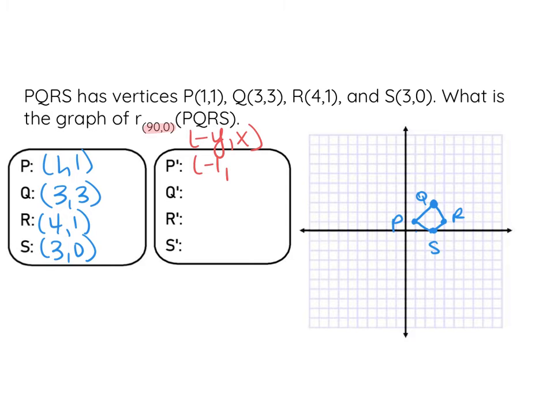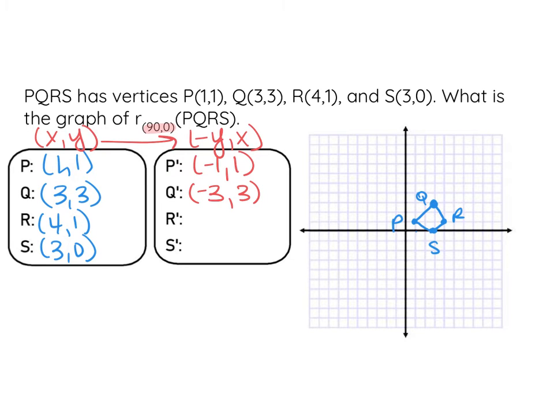I'm going to put that in the first position. Then I'm going to put x, which in this case for P is 1, and I'm going to put that in the second position. So I'm using that this first one is x, y. I'm using that to transform, to rotate my shape. So I'm going to do the same thing. For Q, my y is 3, so I'm going to take the opposite of that, which is -3, and then x, which is 3. So R, same thing.